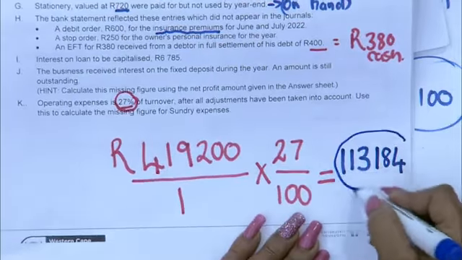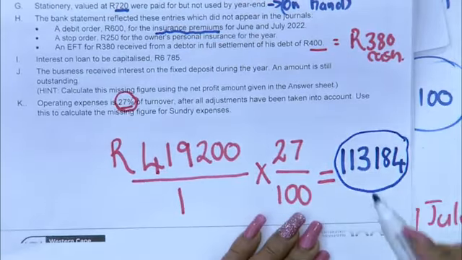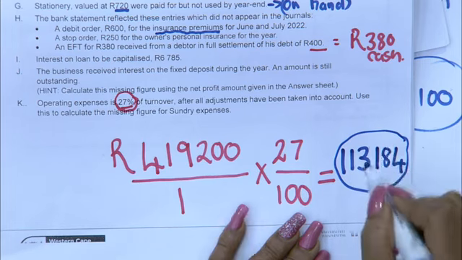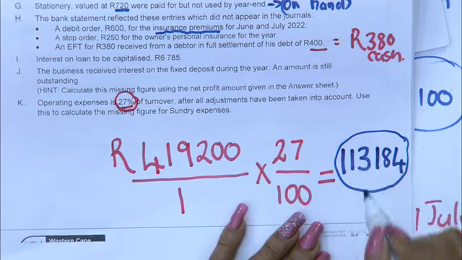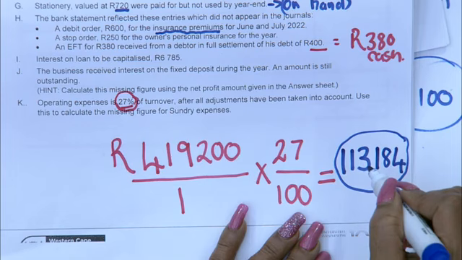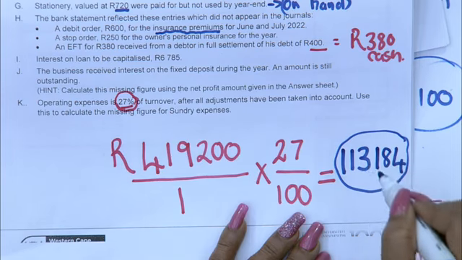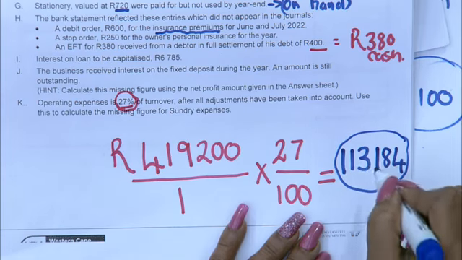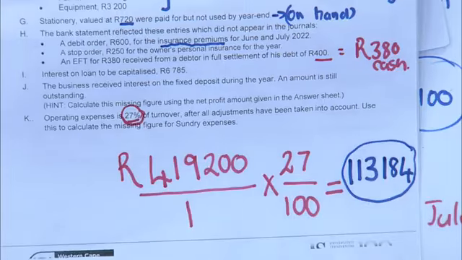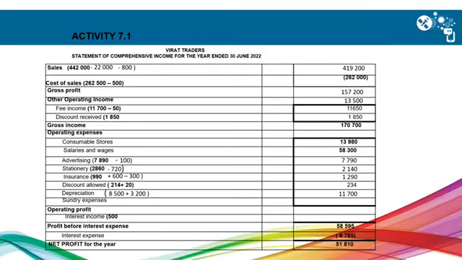What will this figure be now? This figure is now my operating expenses, which I need to complete the sundry expenses missing amount. Therefore, the other option is you could also have started from the bottom, but still we need that figure.